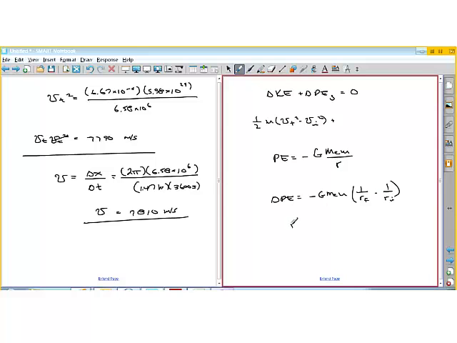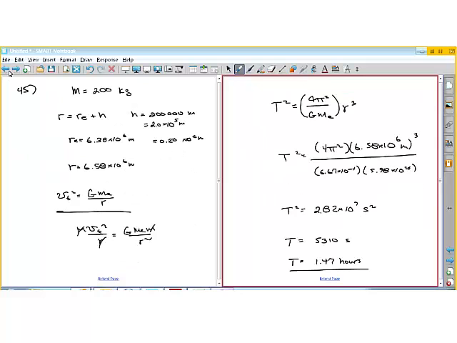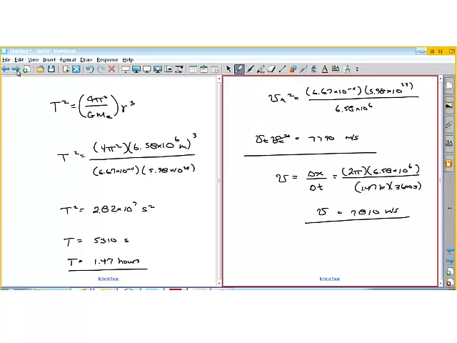This is the only part that changes. R initial is the radius of the Earth, which is given here somewhere.